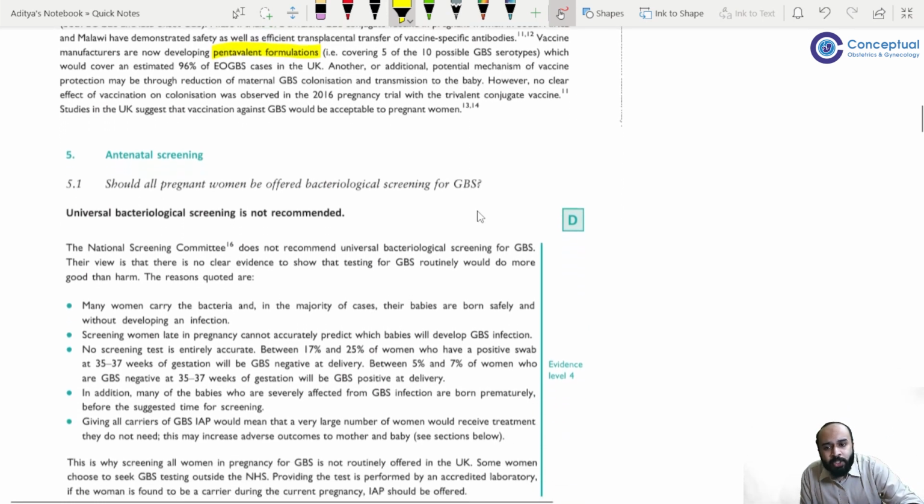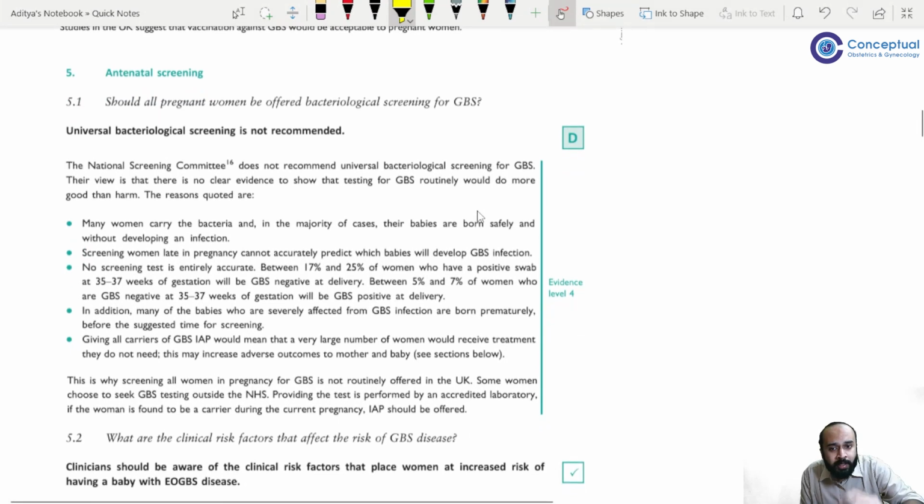So antenatally, should all women be offered bacteriological screening for GBS? Now, this is the question that makes you think as to why don't we test all the women for this Group B Streptococcus. So there are differing views of ACOG, that is American College of Obstetricians and Gynecologists, and RCOG. What we are studying right now is RCOG. I'll also tell you what ACOG says.